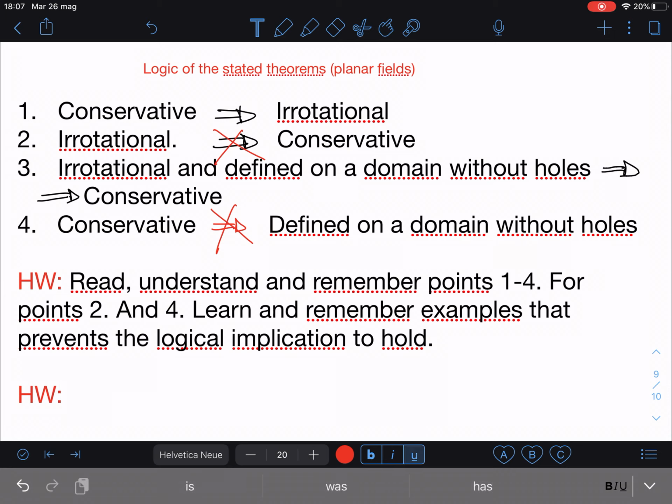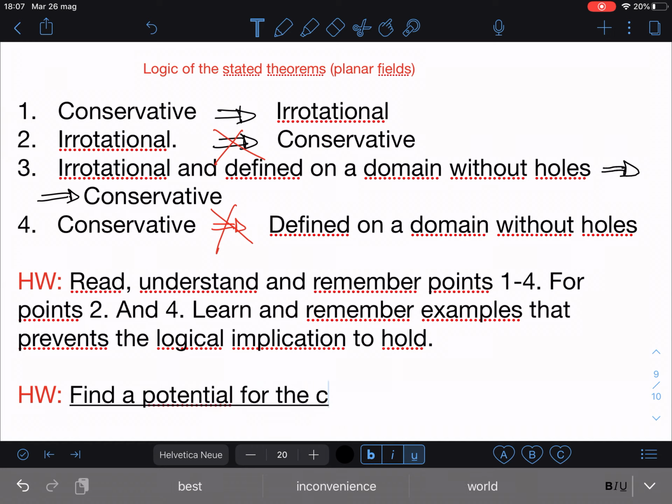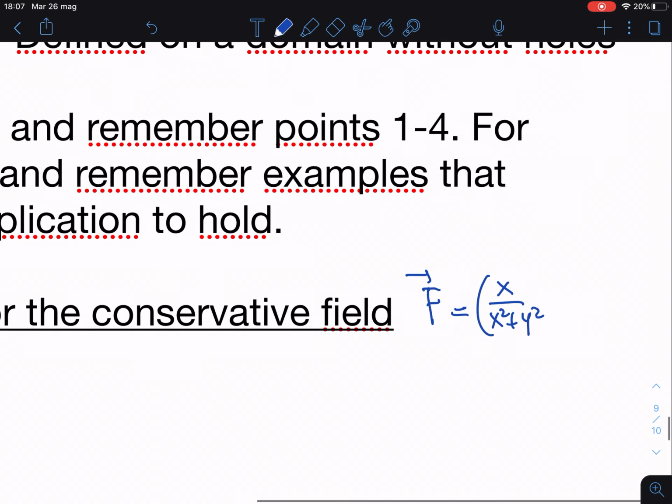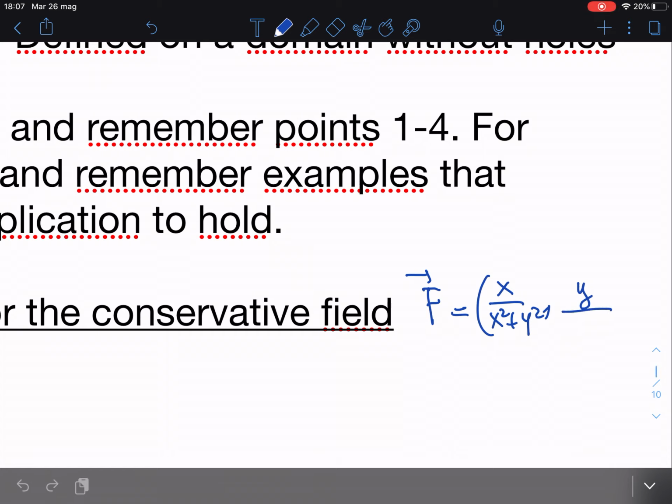Find a potential for the conservative field, the one we discussed: F equal to x divided by x squared plus y squared, and then y divided by x squared plus y squared. Okay, find a potential for that. You know that it is conservative.